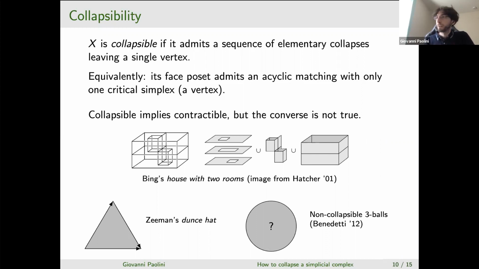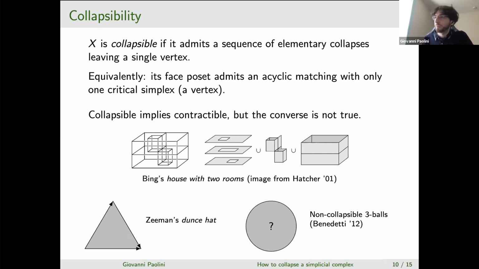That's okay. And so these two examples, they are both contractible complexes, but they have no free faces. So you cannot even get started with a sequence of elementary collapses. And this is why they're not collapsible.